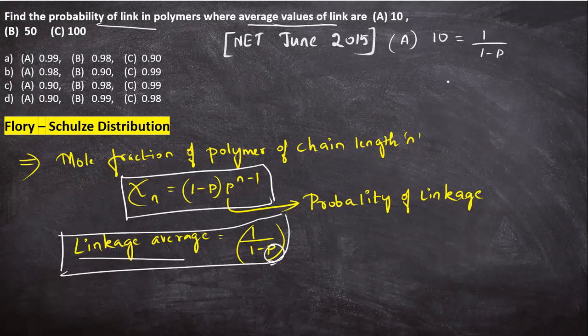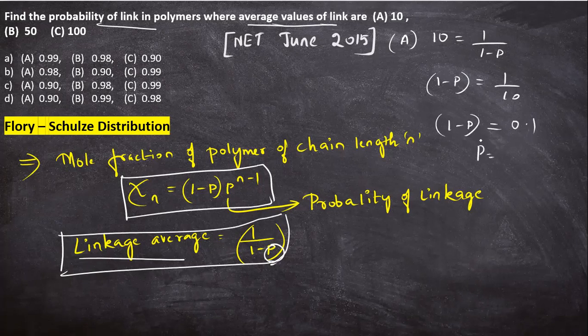I want the probability of linkage, so just take this upside down: 1 minus p equals 1 by 10. So 1 minus p is equal to 0.1, so p is equal to 1 minus 0.1, which is 0.90. So for A, the value is this much.